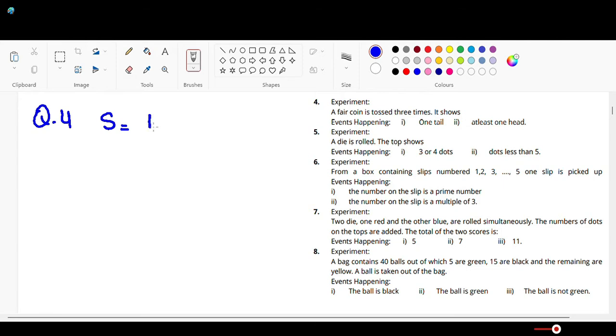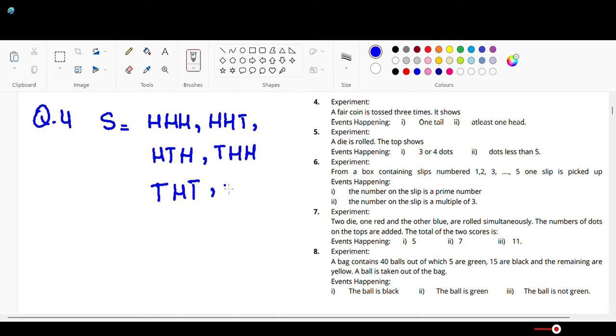It could be a head all 3 times, right? Every time we flip, we get head. Or we could get head, head, tail. Or head, tail, head. Or tail, head, head. Or tail, head, tail. Or tail, tail, head.